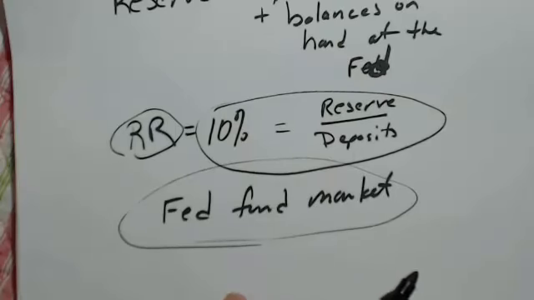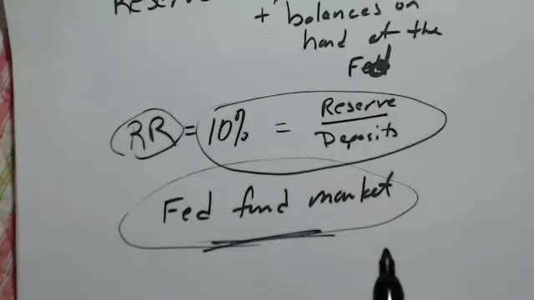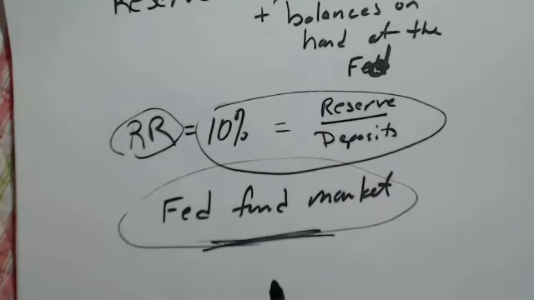As individuals, we can't tap into the Fed funds market, because the transactions are in the millions of dollars for each transaction. There's probably trillions of dollars a week running through those accounts. But that market is designed to make sure that banks that have excess reserves can lend them out.